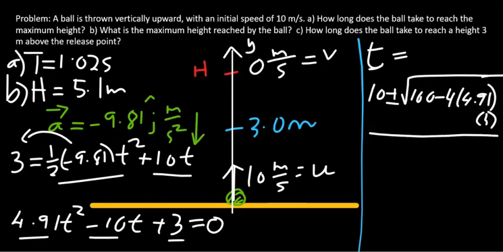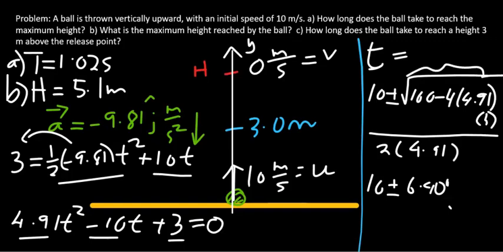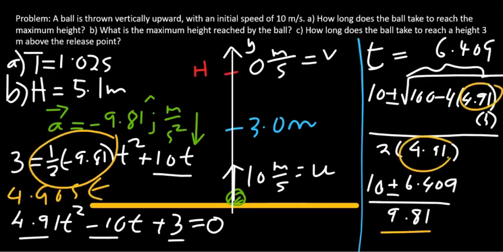And to that, you divide the whole thing by 2a, which is 2 times 4.91. I have just made use of the roots of quadratic equation formula here. So what you have is 10 plus or minus 6.409. So this entire square root has a value of 6.409, and divide by 9.82.